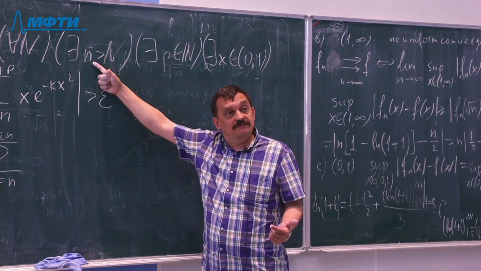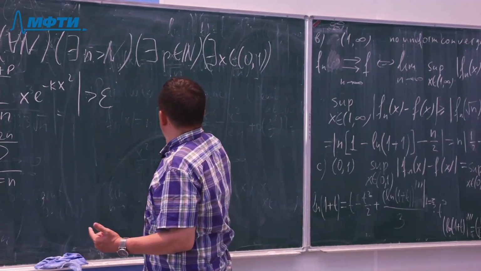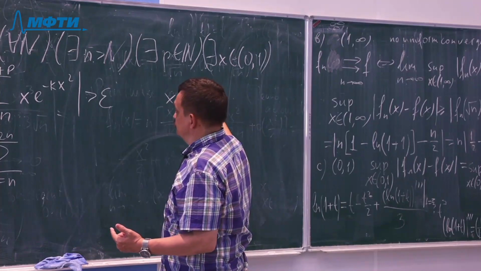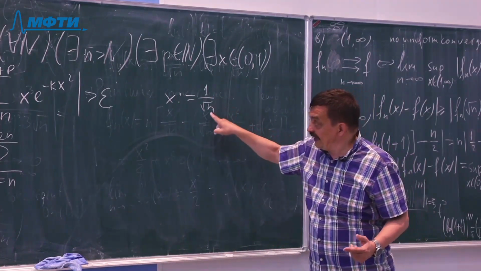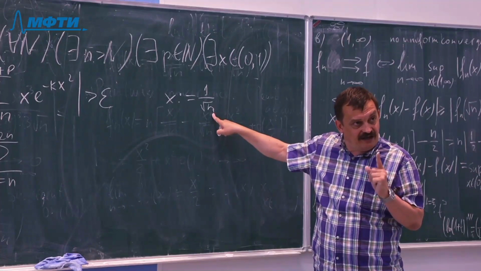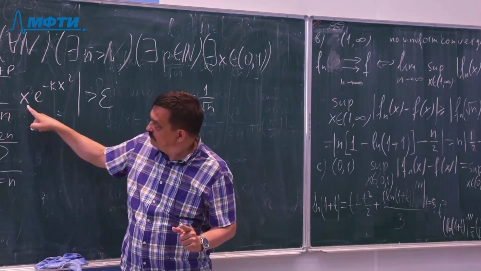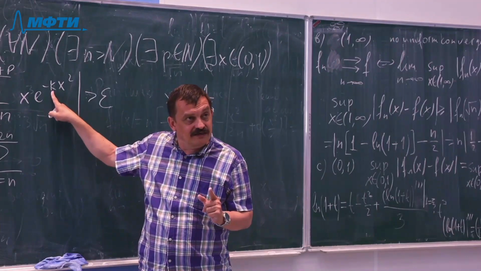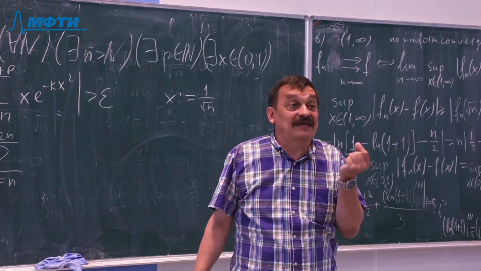So we have the possibility to choose, let's say, x equal to 1 over square root of n. Square root of n, that's important, not of k. You see, we sum up terms with k, but x cannot depend on k. It's impossible.